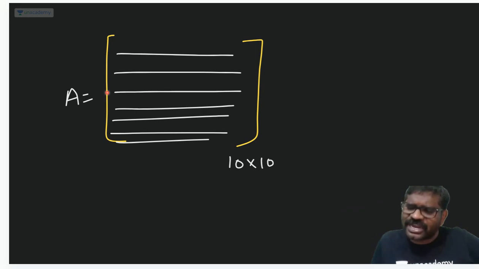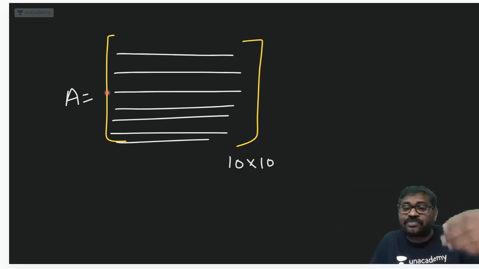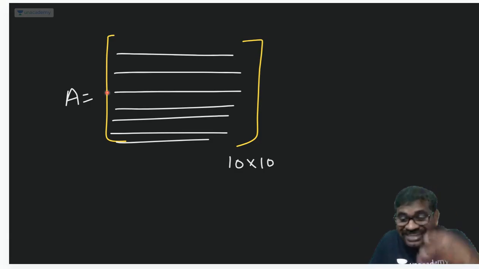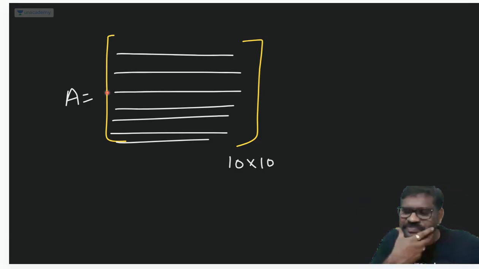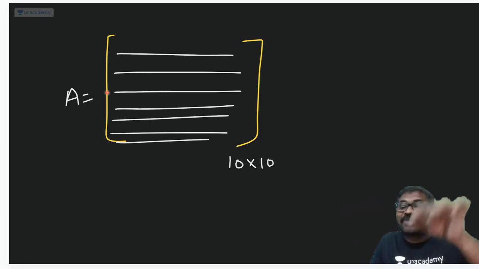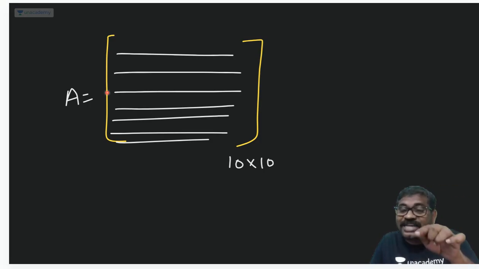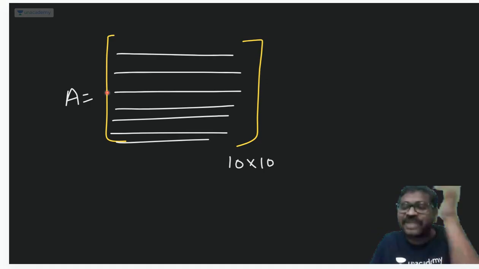Suppose after reducing to echelon form, I found 7 non-zero rows and 3 zero rows. Then you can say that there are only 7 independent vectors. Rank declares the number of independent vectors. Sir, what is the logic behind the number of non-zero rows and the number of independent vectors?